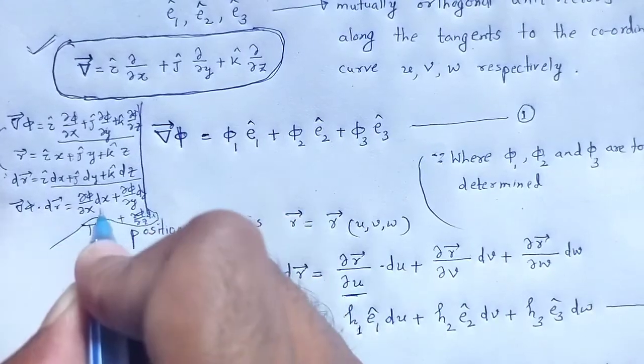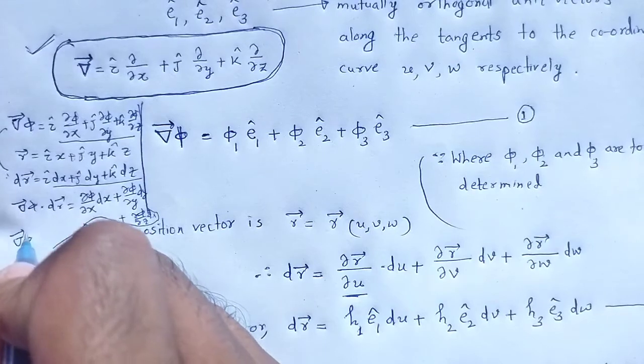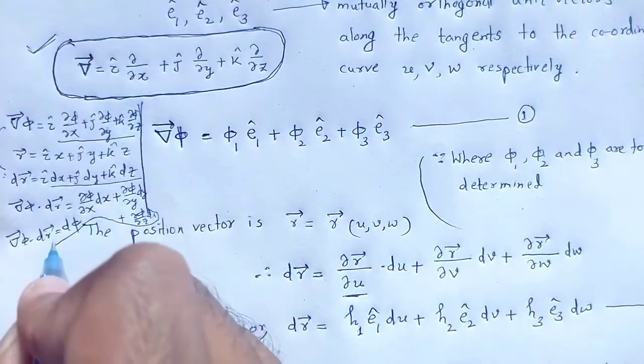This is nothing but d phi. That's why grad phi dot dr is equal to d phi.